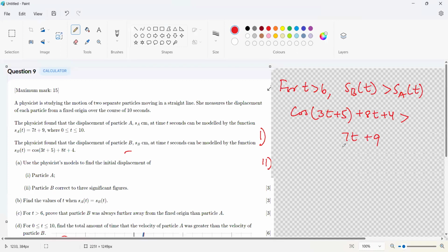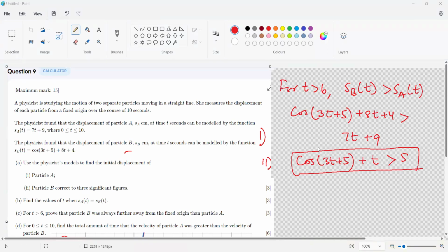Now, when you subtract this, cos 3t plus 5, 8t minus 7t would be t, and 9 minus 4 is 5. This is what I'm getting. Cos 3t plus t should be greater than 5.